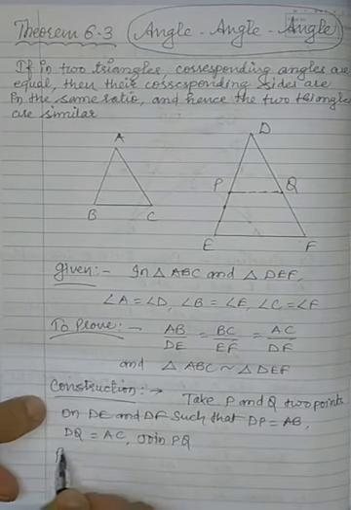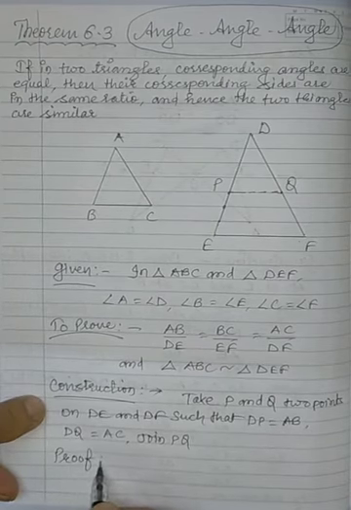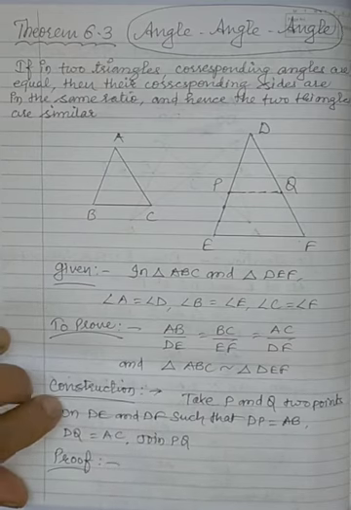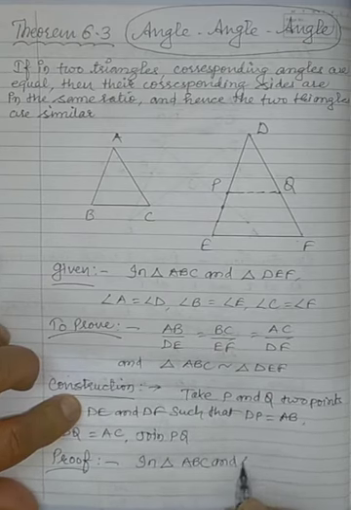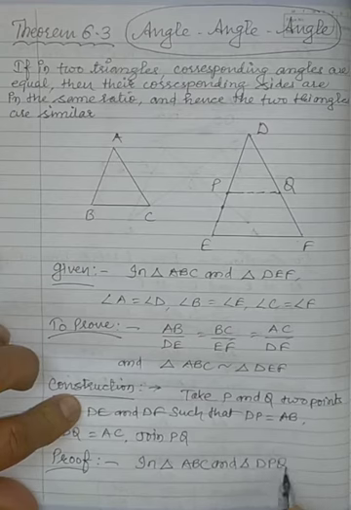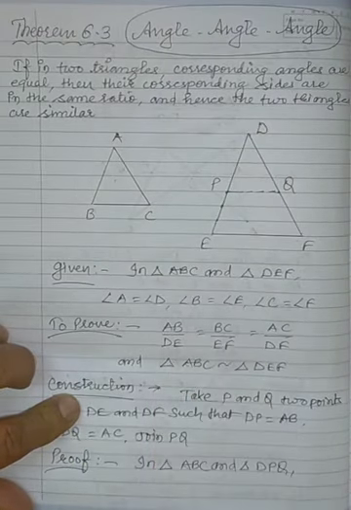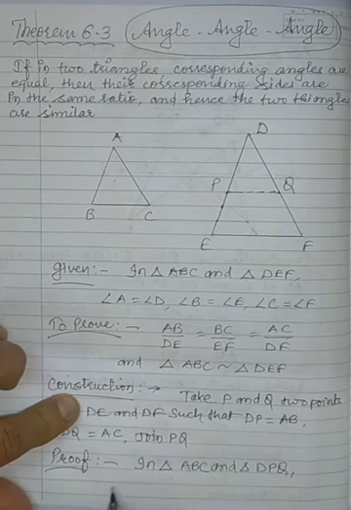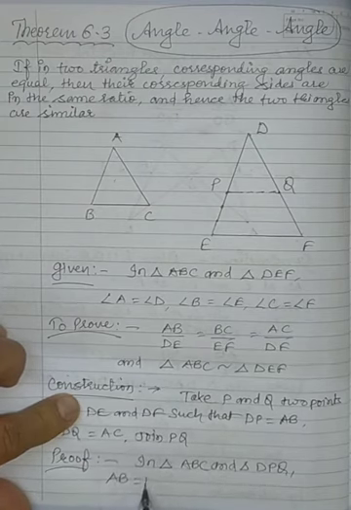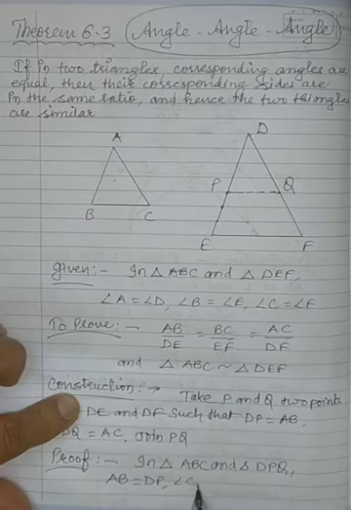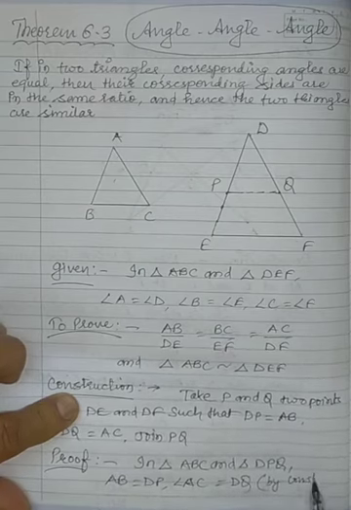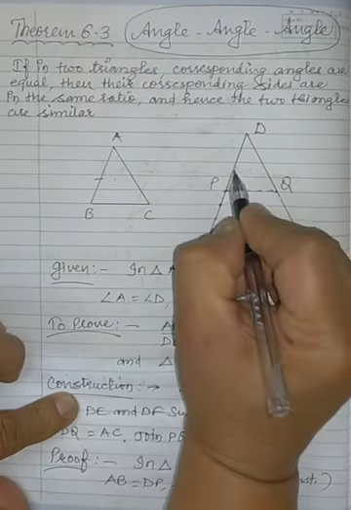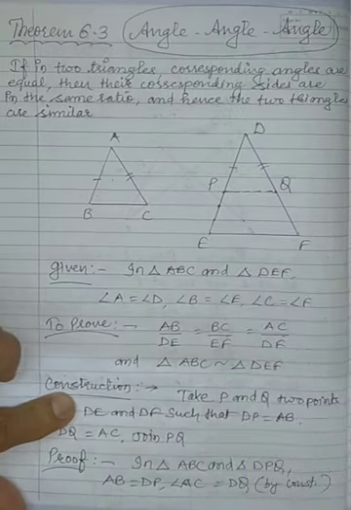Now we will prove it. In triangle ABC and triangle DPQ, AB is equal to DP and AC is equal to DQ, both by construction. This is equal to this and this is equal to this.